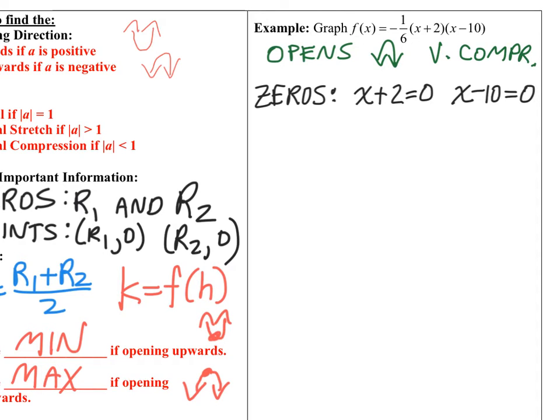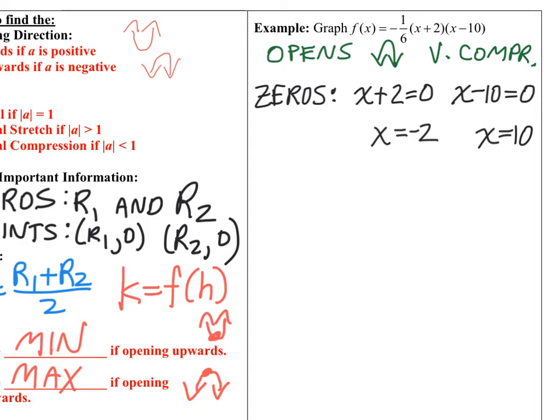Next, we'll use the zero product rule to find the two zeros. And because x plus 2 and x minus 10 are the factors, I can set each of those equal to 0. So by subtracting 2 from both sides, I get x equals negative 2. And by adding 10 to both sides, I get x equals 10.